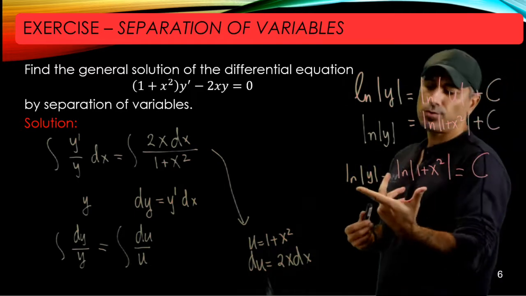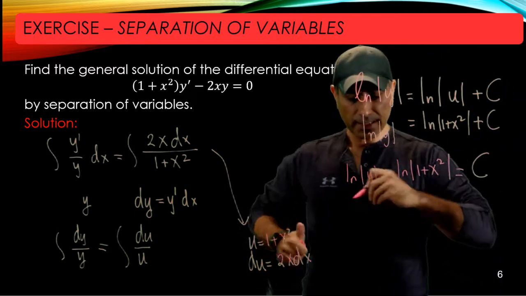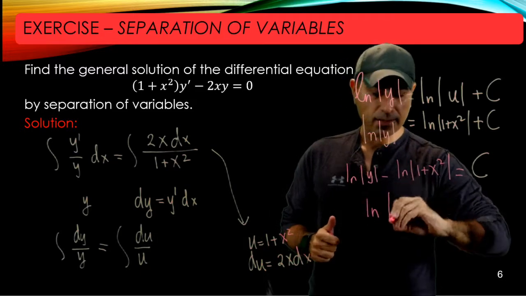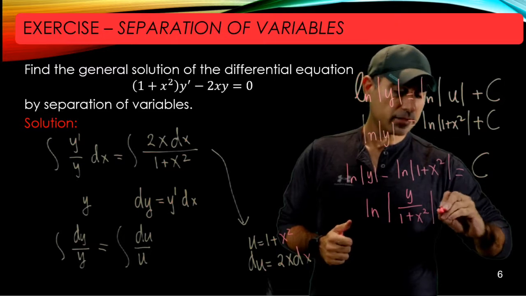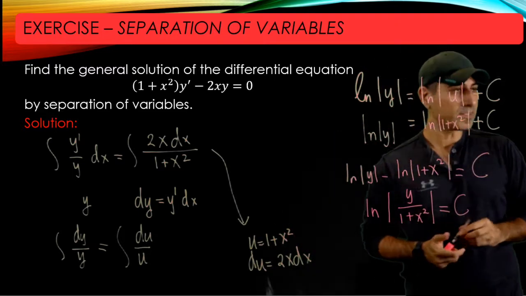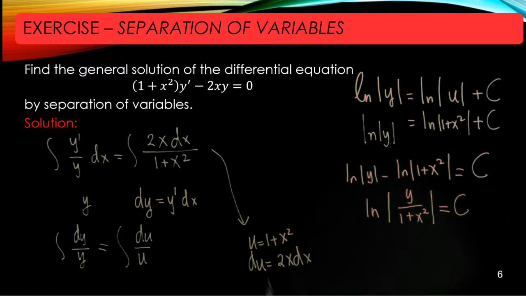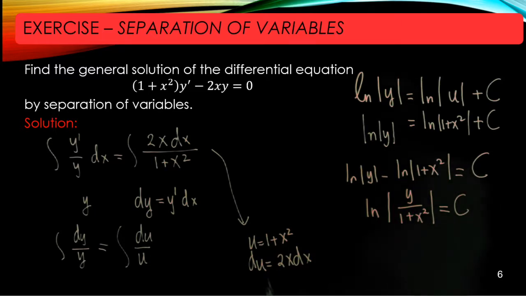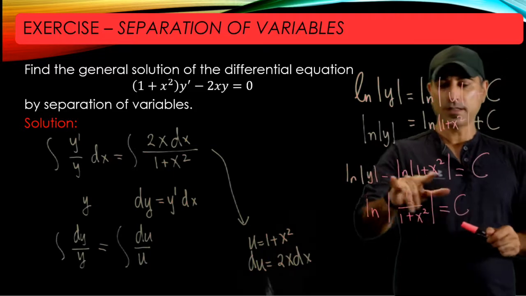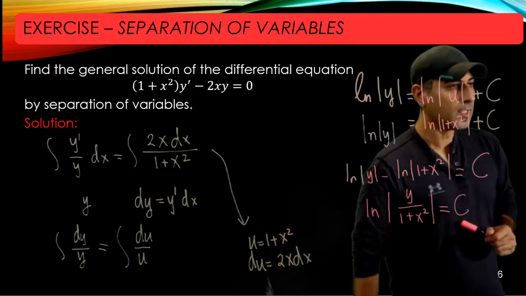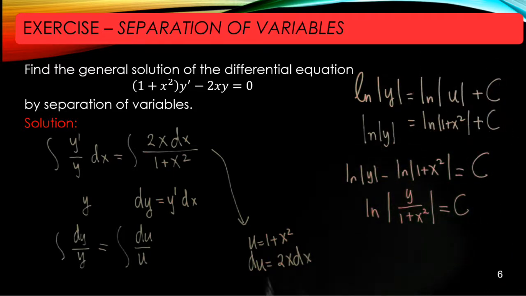When you have two ln expressions subtracted, you can write it as ln of the absolute value of y over 1 plus x squared. Again, this is a property we have seen in the pre-calculus section. I think it's 1.5 or 1.6, so you can go back and check that this property is listed in the corresponding section.